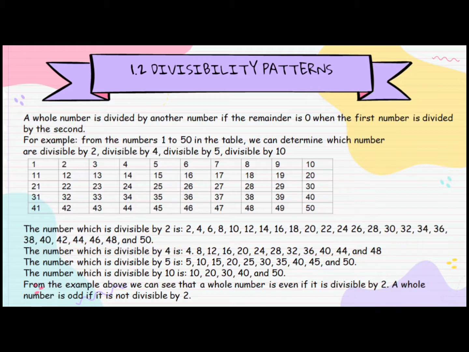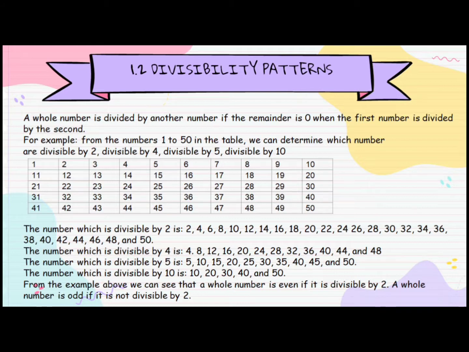The numbers which are divisible by 5 are 5, 10, 15, 20, 25, 30, 35, 40, 45, and 50. The numbers which are divisible by 10 are 10, 20, 30, 40, and 50.